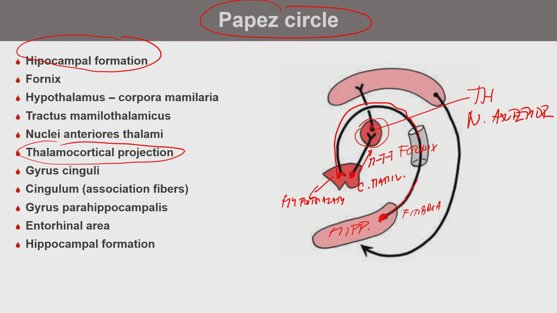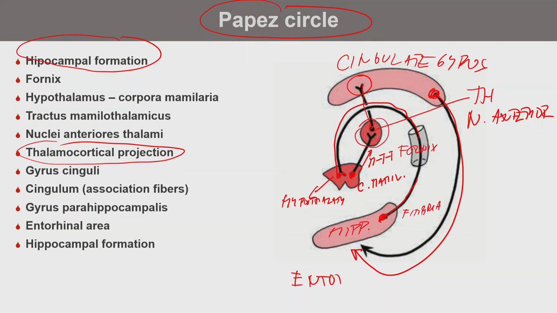And here is a neuron which has a relay to the cingulate gyrus. And from the cingulate gyrus, the next relay, the next neuron, has a back projection through the diencephalon to the entorhinal cortex.